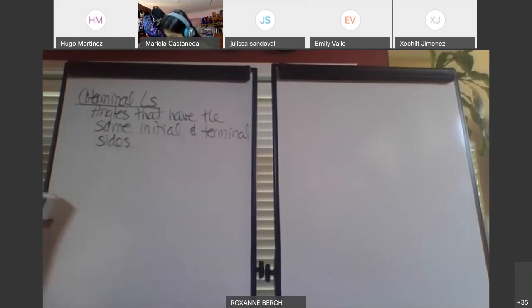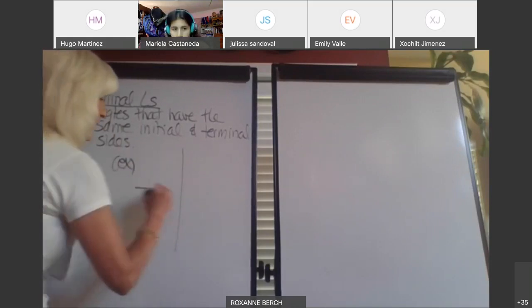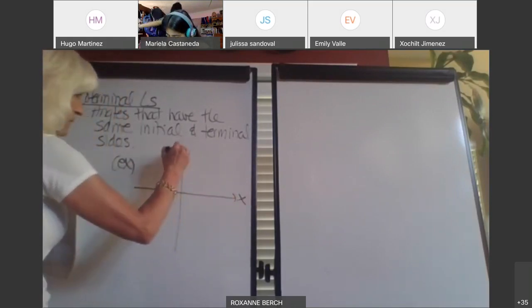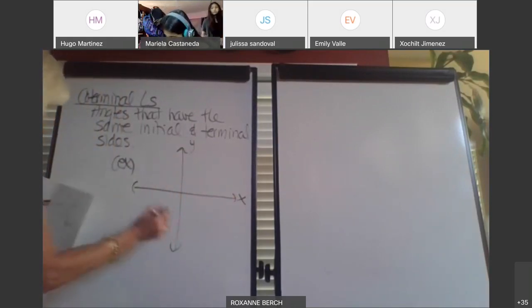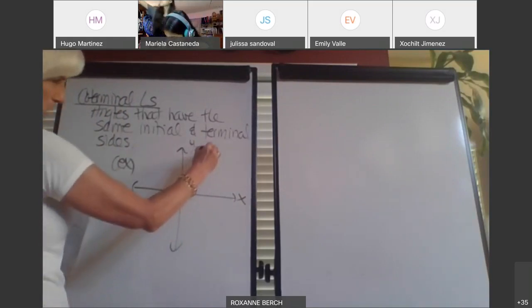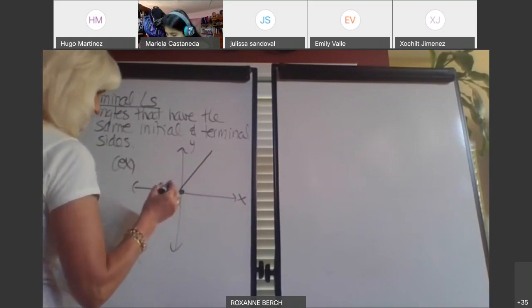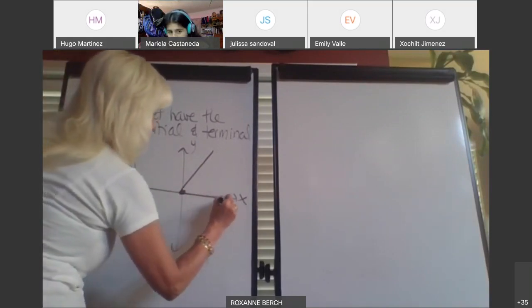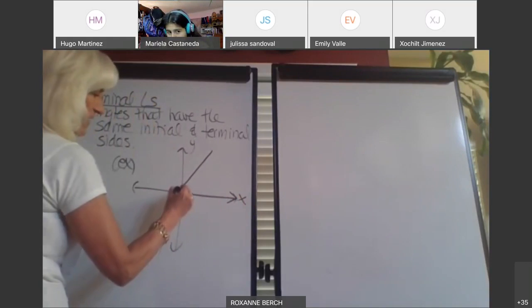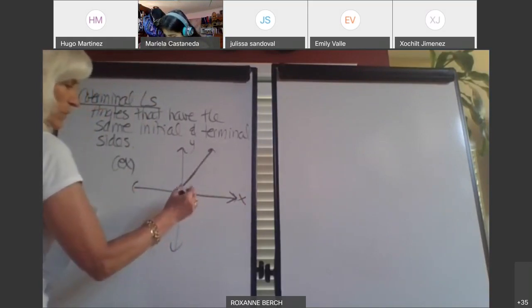So I just want to show you what I'm talking about with this definition real quick. So here's what I'm talking about. I don't know what this angle is. Let's just say that's an angle. My initial side. There's my terminal side.